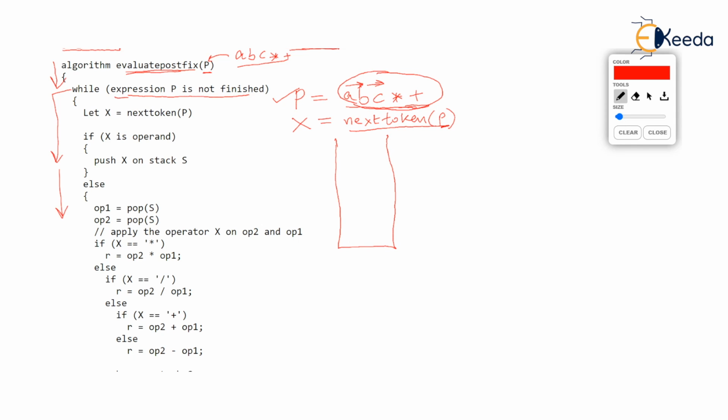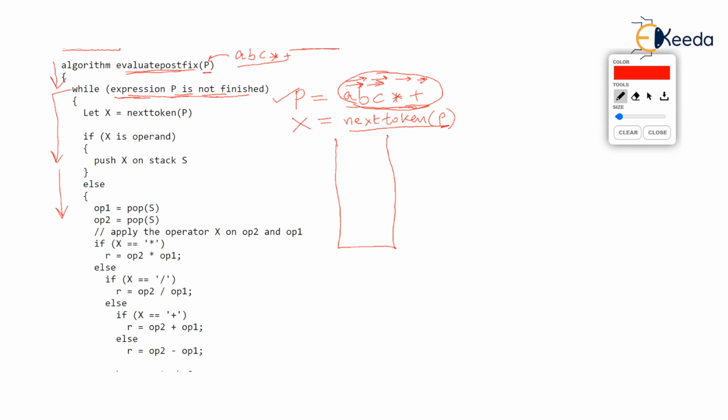While expression P is not finished means we are scanning the postfix from left to right. And while scanning, we will come to the end of it someday. When we go past the last token, that is plus, this while loop will stop. So while expression P is not finished, continue.